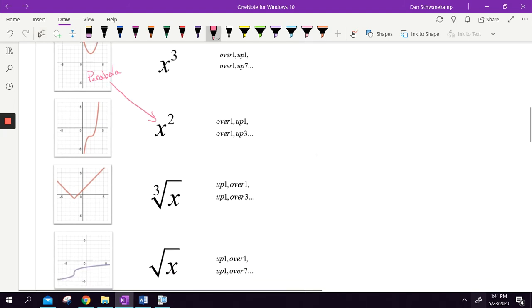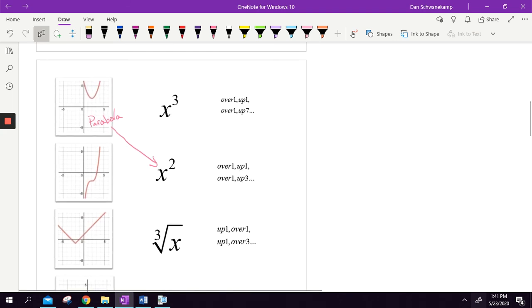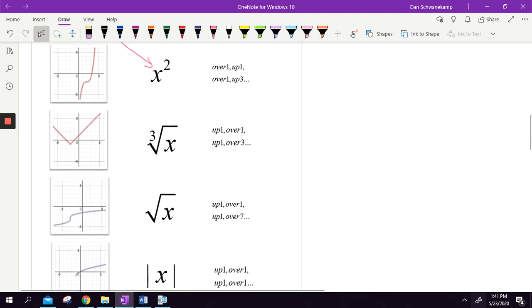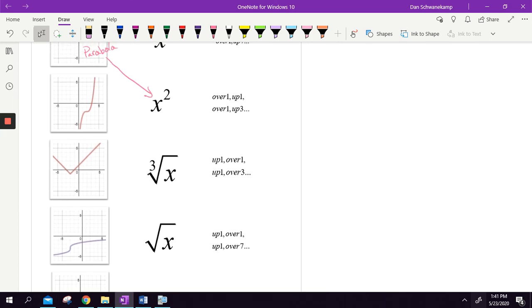And what's the pattern for parabola? It's over 1, up 1, over 1, up 3. That is the parabola shape. Okay, so it goes with that one right there.